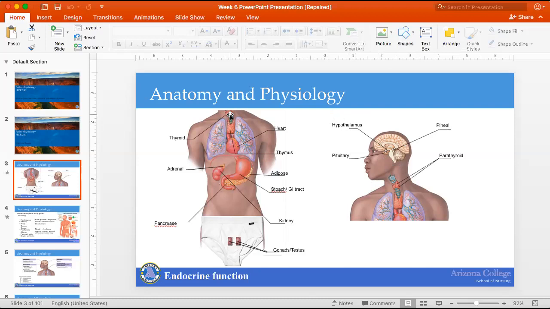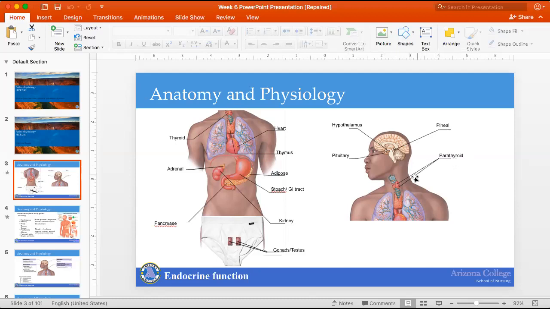You see here in the anterior portion of the neck, you have the thyroid gland. And then on this view, you have the parathyroid gland. The thyroid gland is a bigger gland that sits on the anterior portion of the neck, just anterior to the trachea.